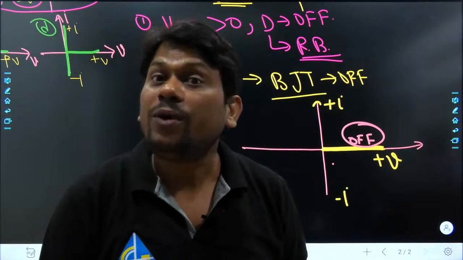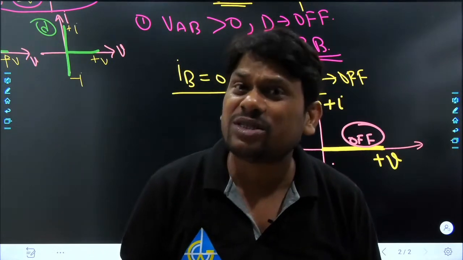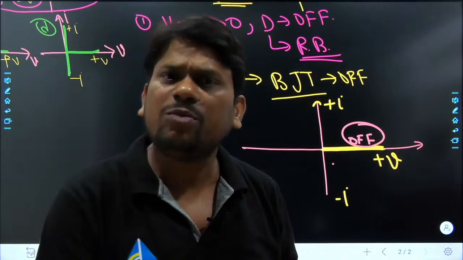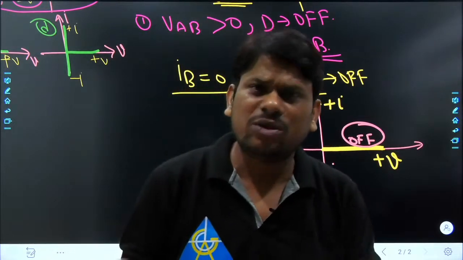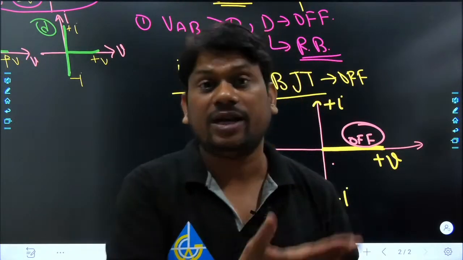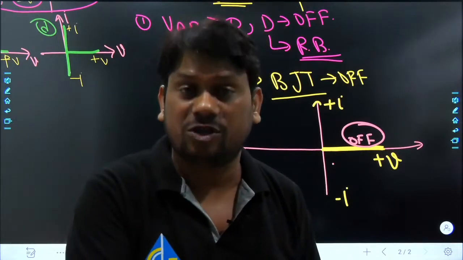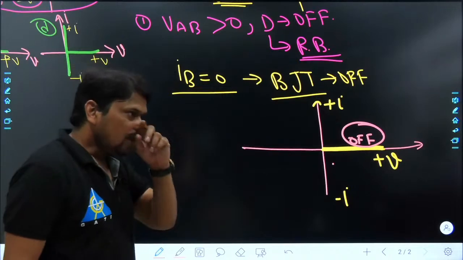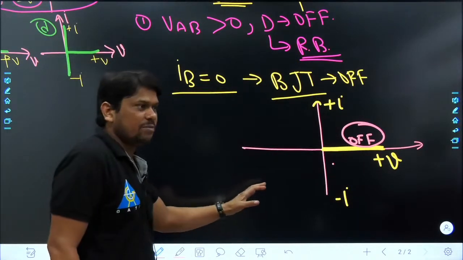Whenever you want to design any power electronics converter for low power rating, for example 60 watt, 100 watt, 200 watt, then the Schottky diode is the best choice in comparison to any other uncontrolled device. Yeah, very nice.